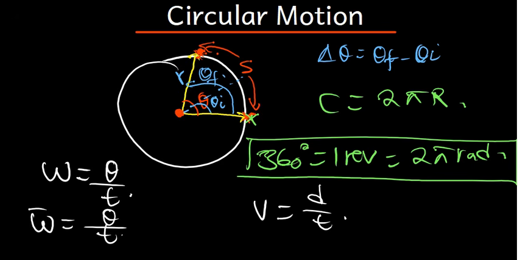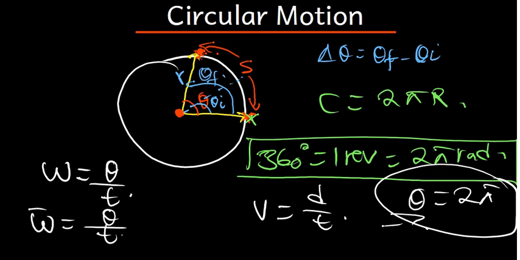Okay? At the same time, what we have to remember is that if theta is 360 degrees, then it's going to be 2 pi. But we're going to talk about this more later.